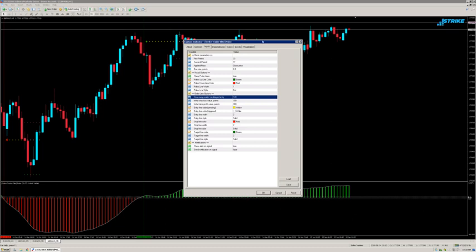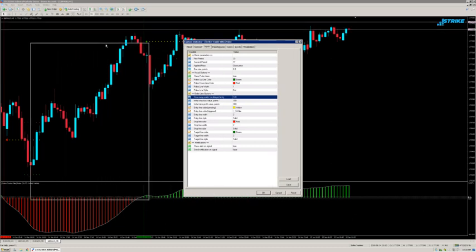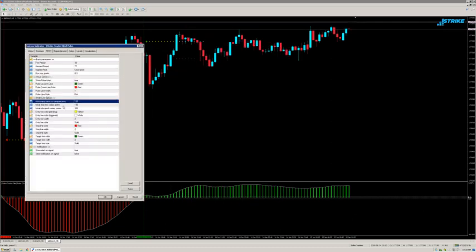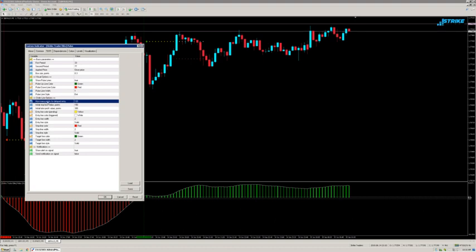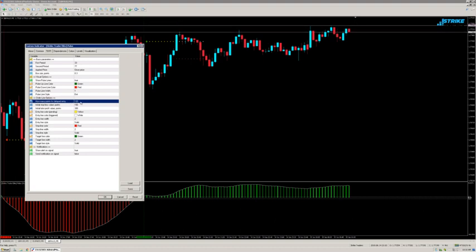And then in terms of the system itself, how it gives you the signals, that's where these three settings here come in. Where it says how many points for delayed entry is the setting of where you get a marker line of when to enter potentially a trade.